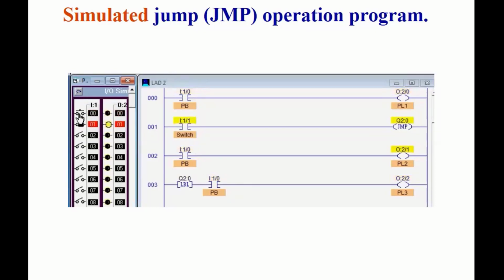So observe that when input 1 is engaged, the jump instruction is engaged, and then there's a jump that goes over directly to the label instruction.